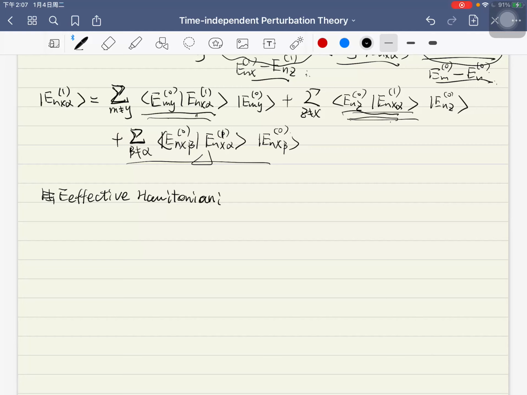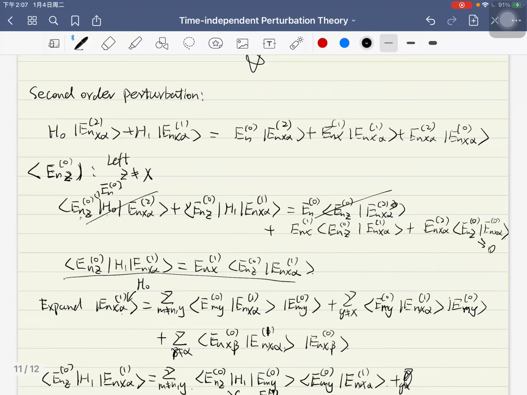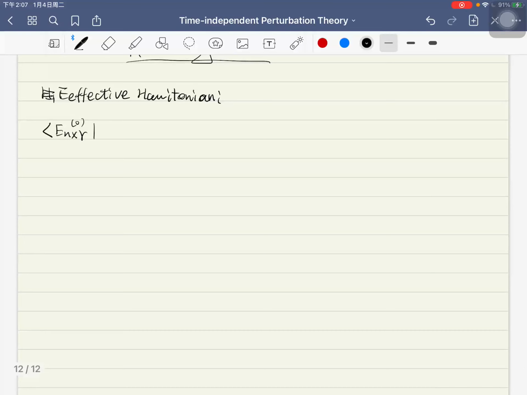We left-act with n x gamma 0 on the basic equations of the second order perturbation. So we have E n x alpha 1 equals the sum over m not equal to n y, x gamma 0, E m y 0, m y 0.